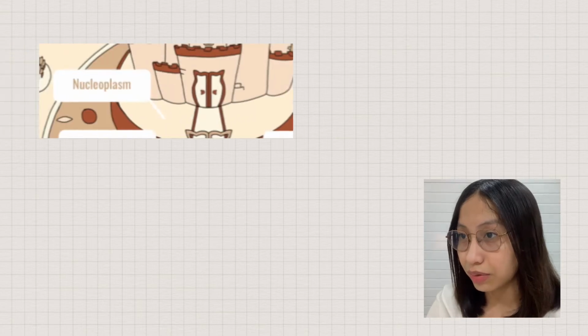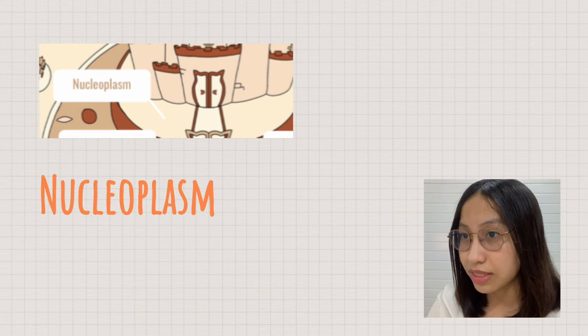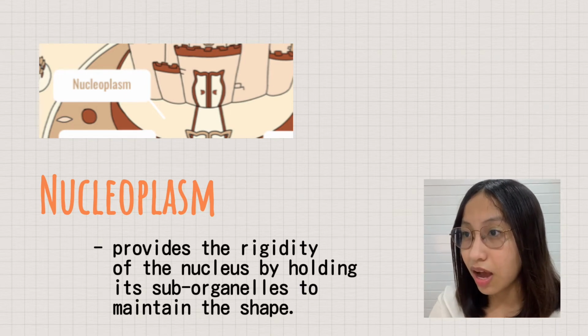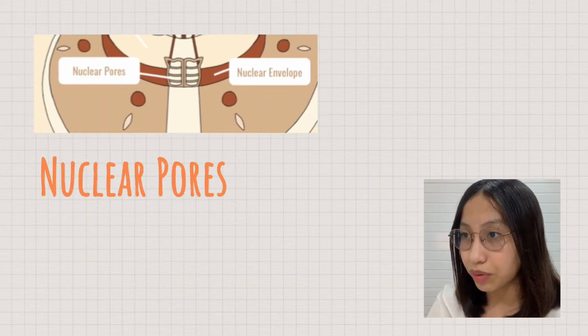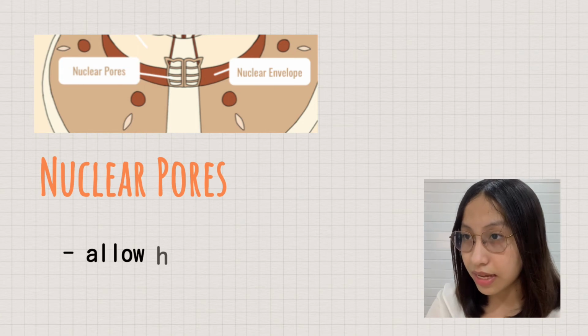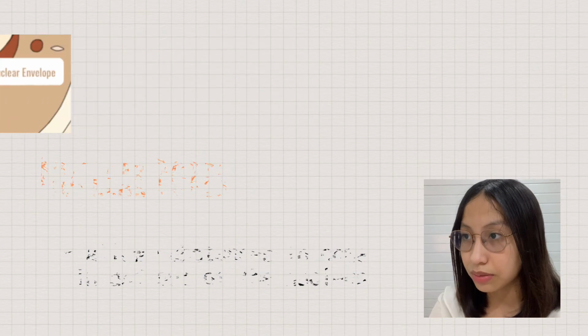Followed by the castle ground, which closely resembles the nucleoplasm, where the ground holds the castle in place, while the nucleoplasm provides the rigidity of the nucleus by holding its suborganelles to maintain the shape. Furthermore, the inner gate is like the nuclear pores. The gate is where visitors enter and exit from the castle. Equivalently, the nuclear pores allow substances to come in and out of the nucleus.